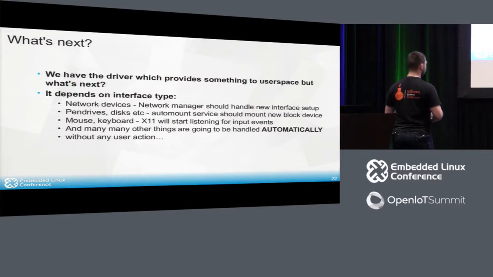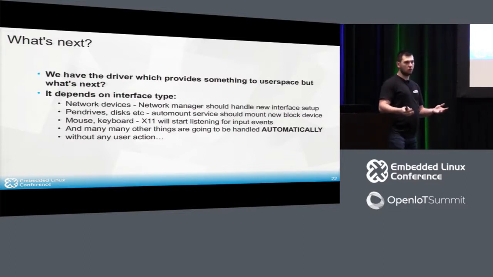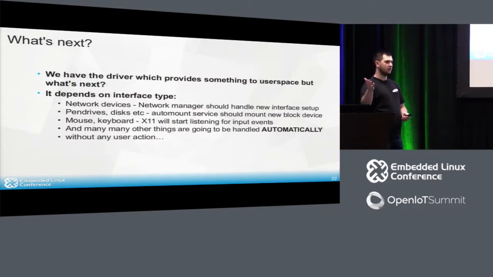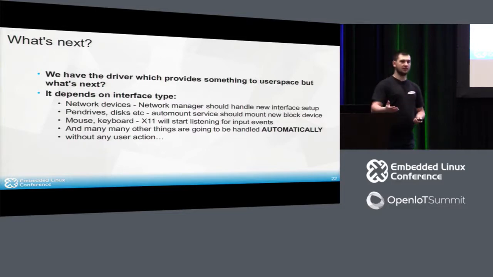What next? We have a driver. We have provided something to user space. So what is happening next depends on what we have provided. If we have provided the network interface, probably our network manager will take care of this. If we have provided a block device, because this is a pen drive or something like this, probably our auto-mount service will take care of this.